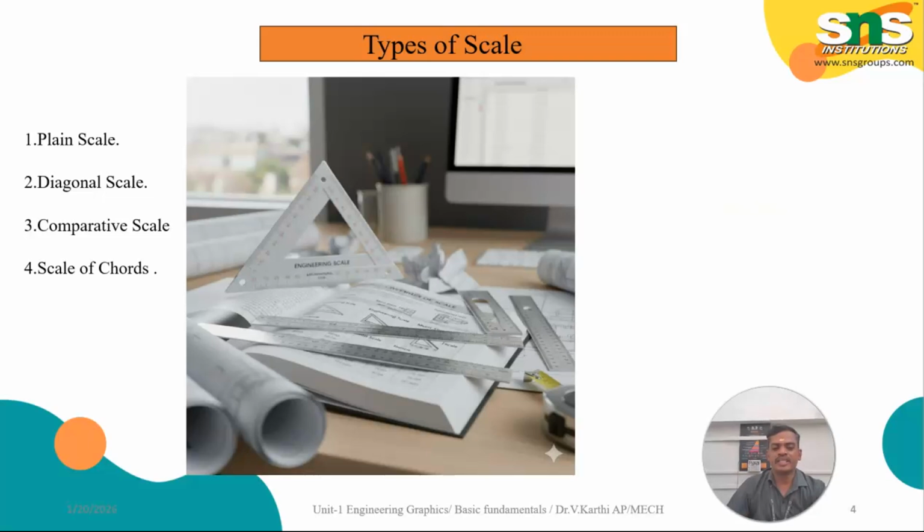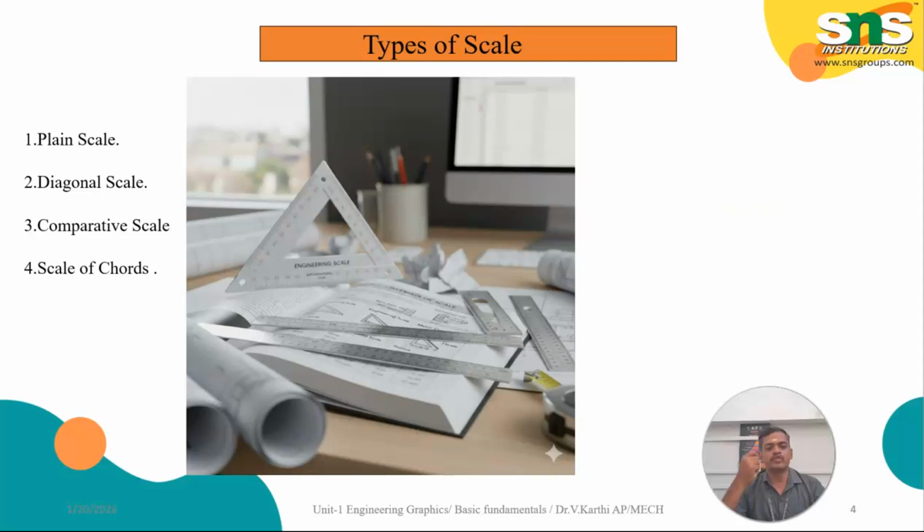It has simple construction and is used for ordinary measurements. A diagonal scale measures three units, meters, decimeters and centimeters, based on the principles of similar triangles. It provides high precision, and is used where fine measurement accuracy is required.